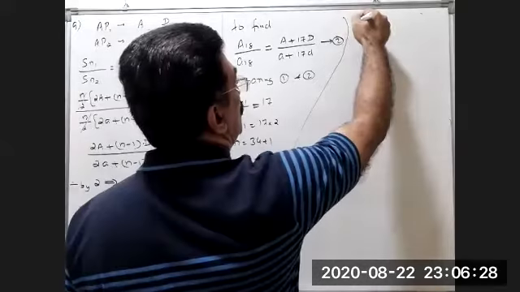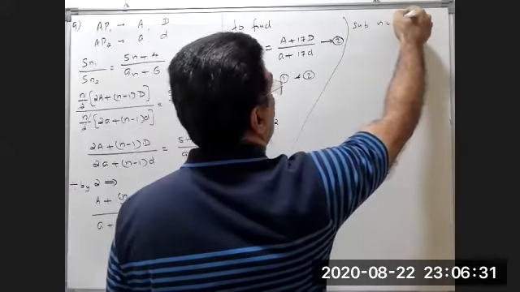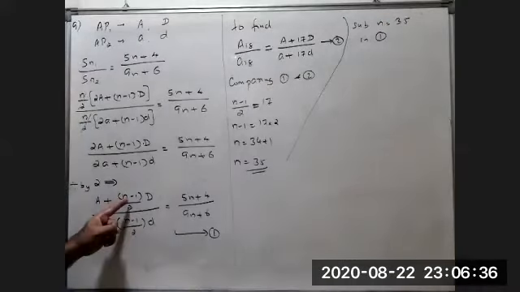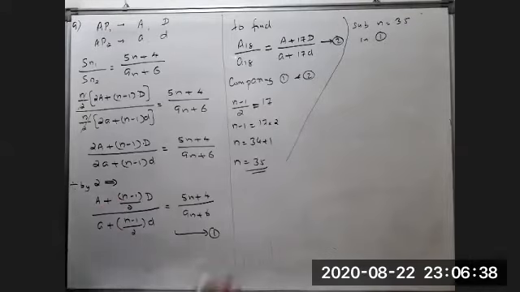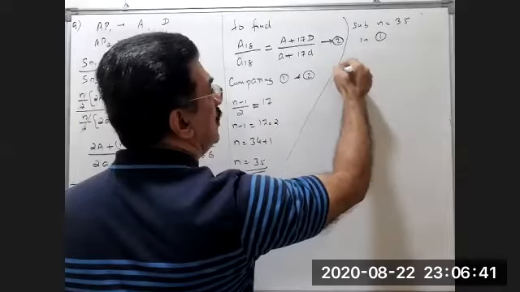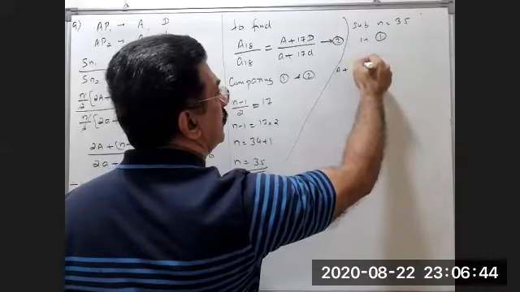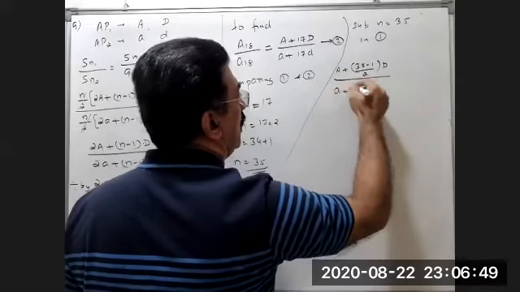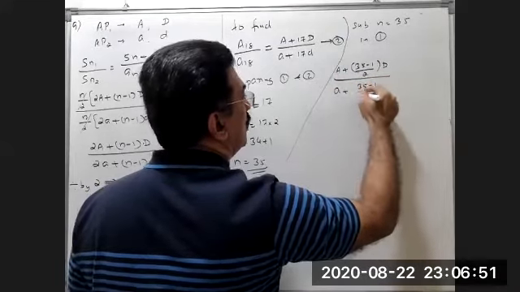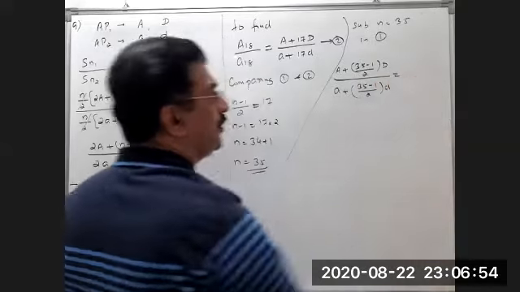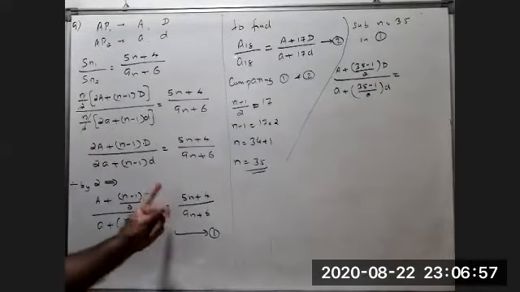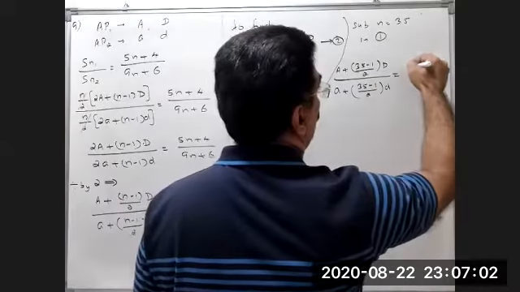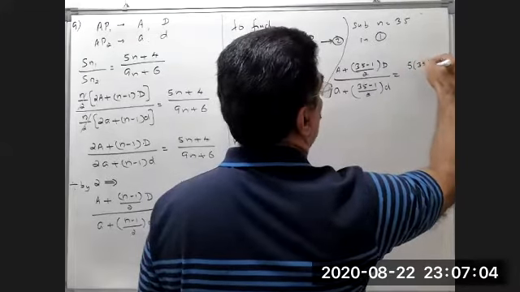Now substituting n equal to 35 in equation number 1, we get A plus (35 minus 1) by 2 into d over A plus (35 minus 1) by 2 into d. We substitute the value of n as 35, so naturally in the right hand side also we put n as 35.